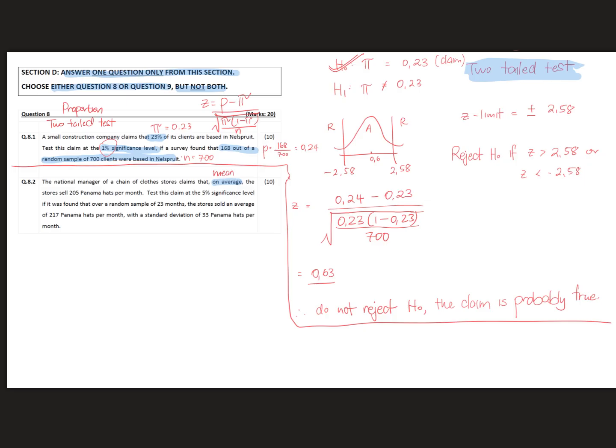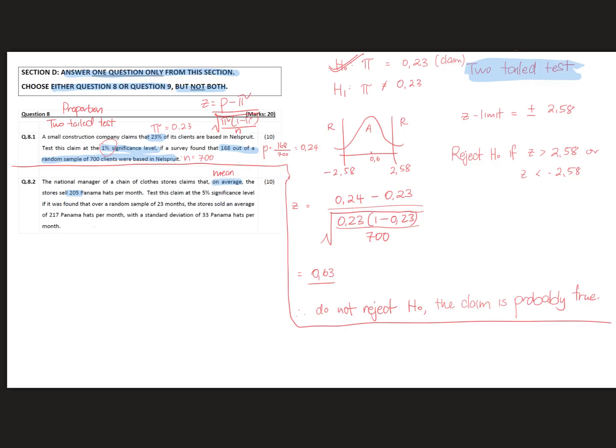So you know that you're working with a mean, and then it says the claim is that on average, the store sells 205 Panama hats per month. So now what we can also identify here is that the claim is that they're selling 205 hats per month. They're saying exactly 205. So it's not less than, more than, at least, at most, greater than, and so on.